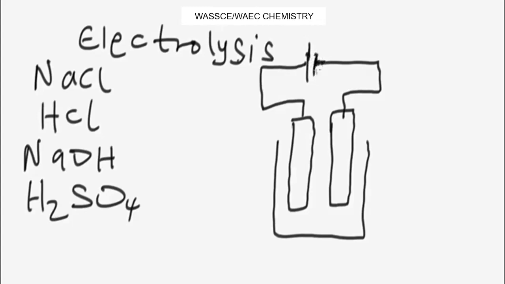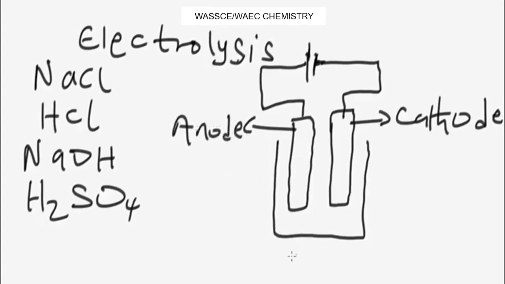Now, in this electrolytic cell, we have what we call the anode and the cathode. So let's call this our cathode, and let's call this our anode.